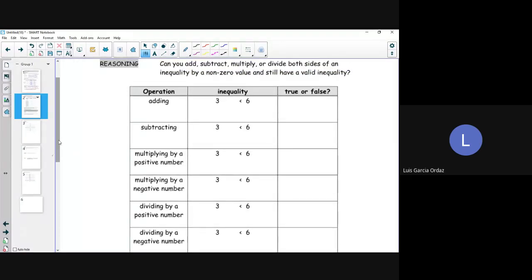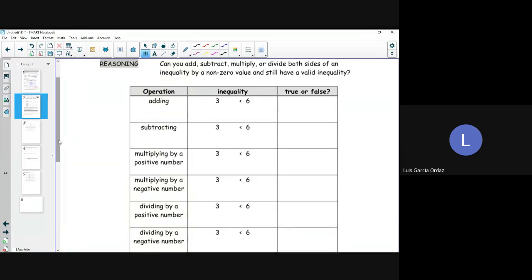So now we're going to look at a chart. Can we add or subtract, multiply or divide both sides of an inequality by a non-zero value and still have a valid inequality? Okay. So we have 3 on one side and 6 on the other side. Give me a number that I should add to both sides.